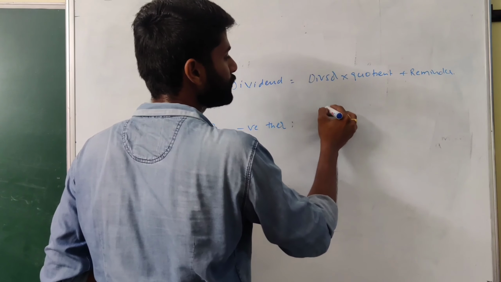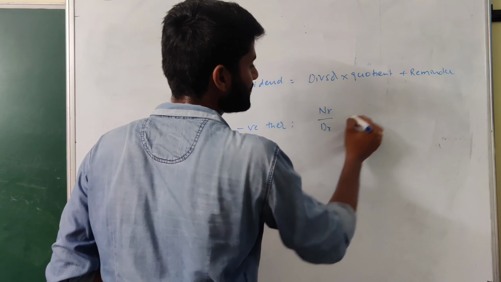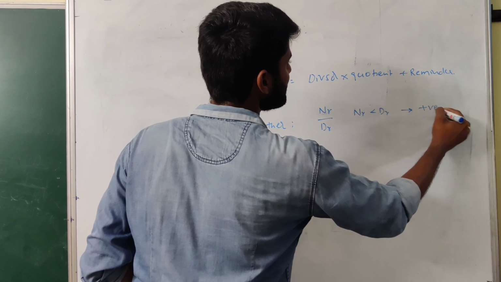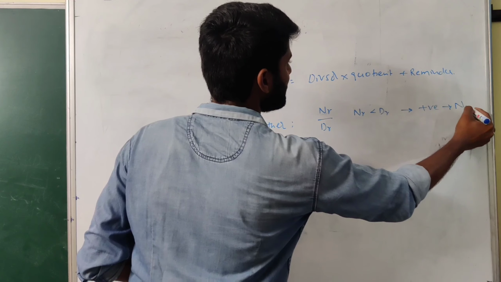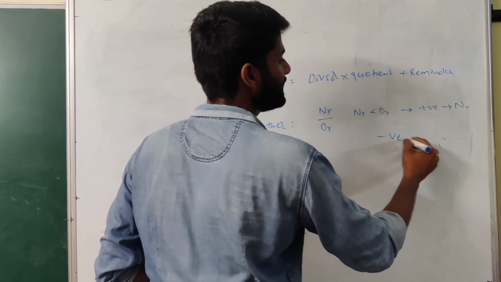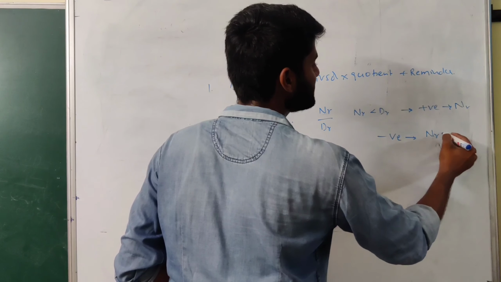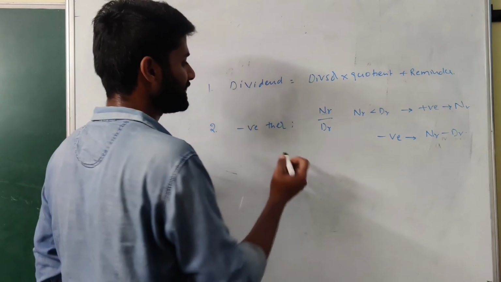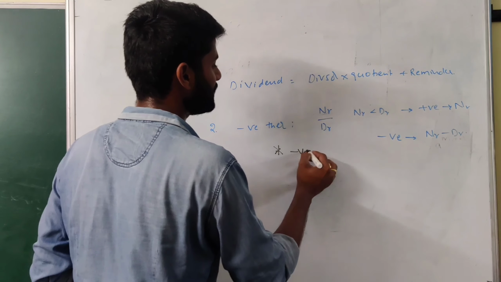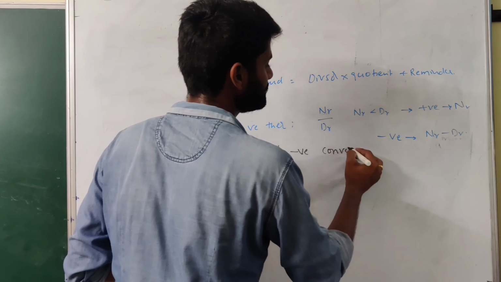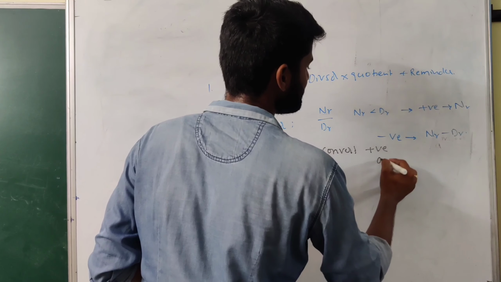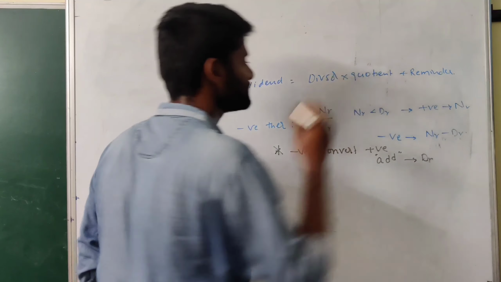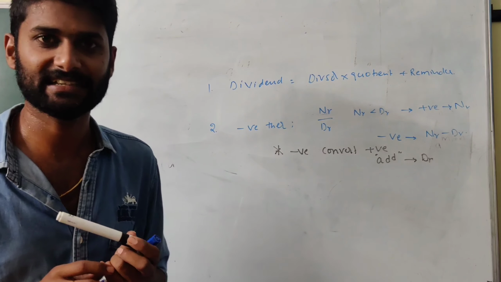Negative remainder means if the numerator is divided by the denominator and the numerator is less than the denominator, we have a positive remainder equal to the numerator. If you want a negative remainder, the numerator is subtracted from the denominator. But remember one conversion: to convert a negative value into positive, simply add the negative value to the denominator. So this is what we are discussing in the second theory.